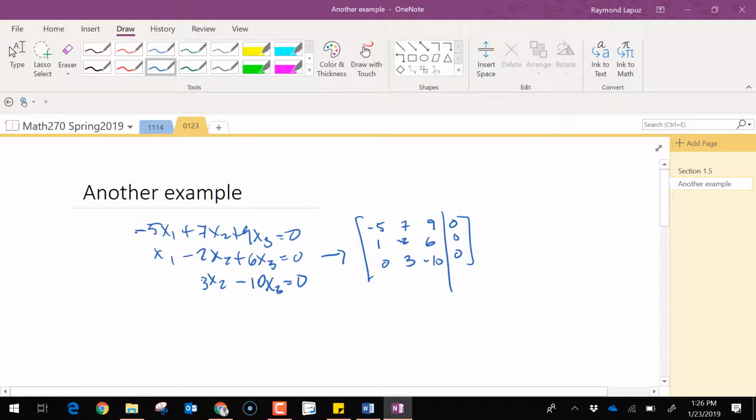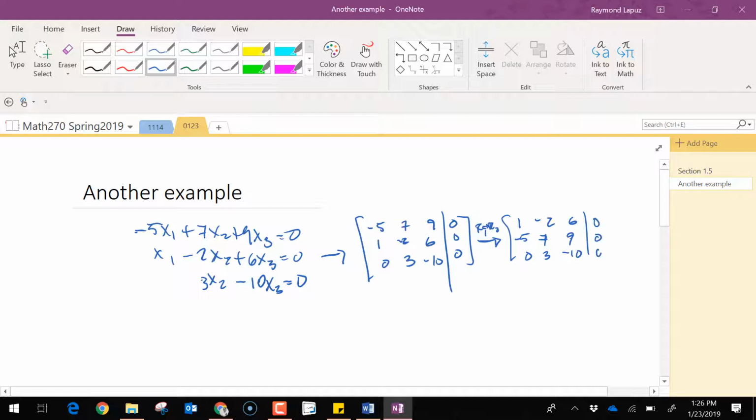So we could do the same. Should we go through the order? Yeah, let's go through. So we'll switch row 1 and row 2. 1, minus 2, 6, minus 5, 7, 9, and 0, 3, negative 10.